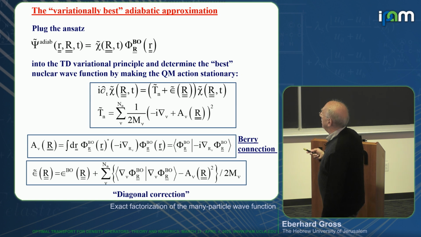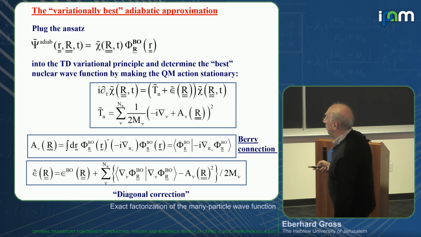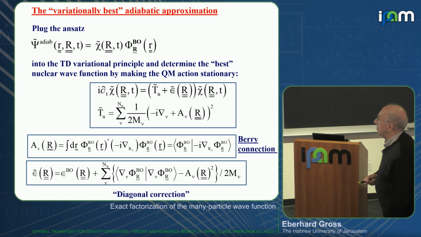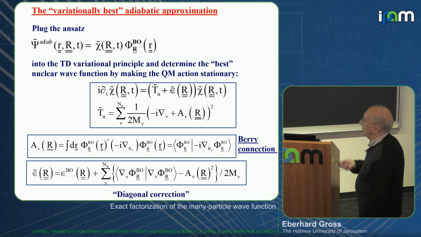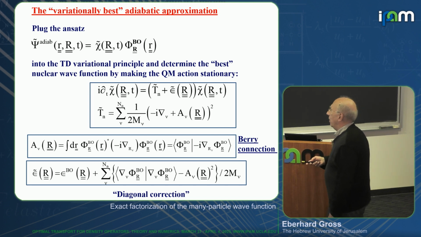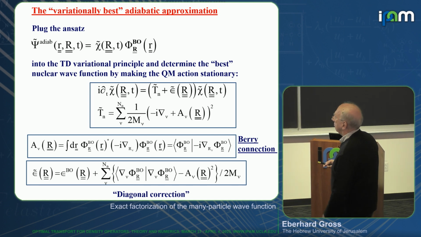So on one hand, the scalar potential is a different one. It not only contains the Born-Oppenheimer potential surface that we had already before, but an additional term here. I come back to that in a second. And moreover, the kinetic energy is not just the Laplacian, but we also have a vector potential. And this vector potential has the form of a so-called Berry connection.